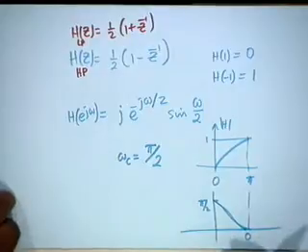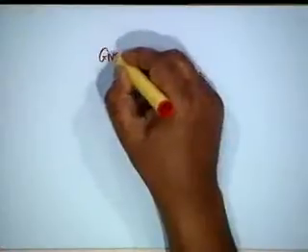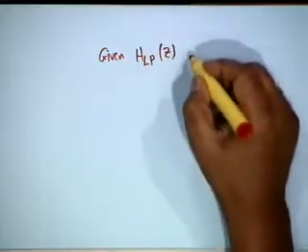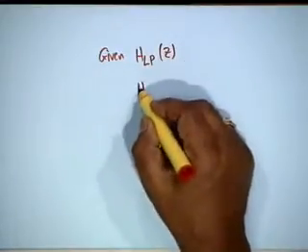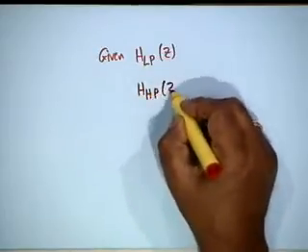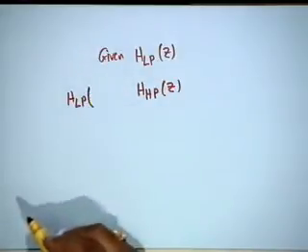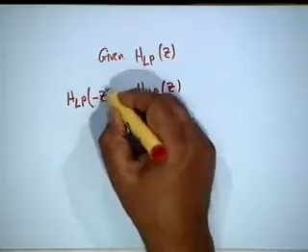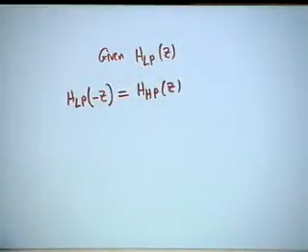That is, given a low pass filter H_LP(z), you can always derive a high pass filter H_HP(z) if you change z to minus z. If you change z to minus z, okay, it will become a high pass filter.